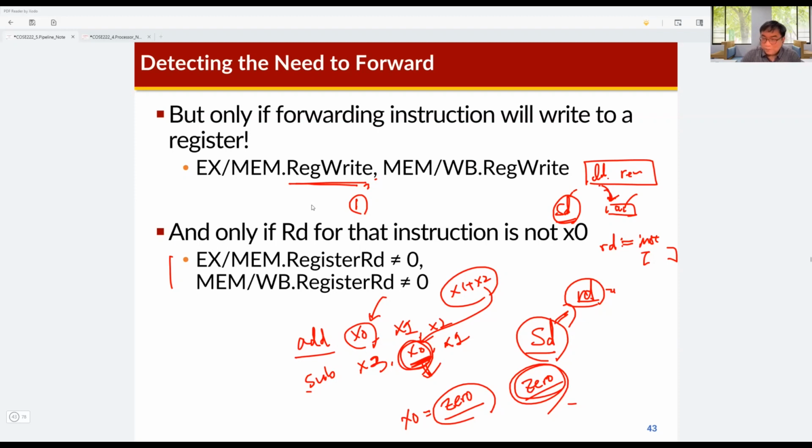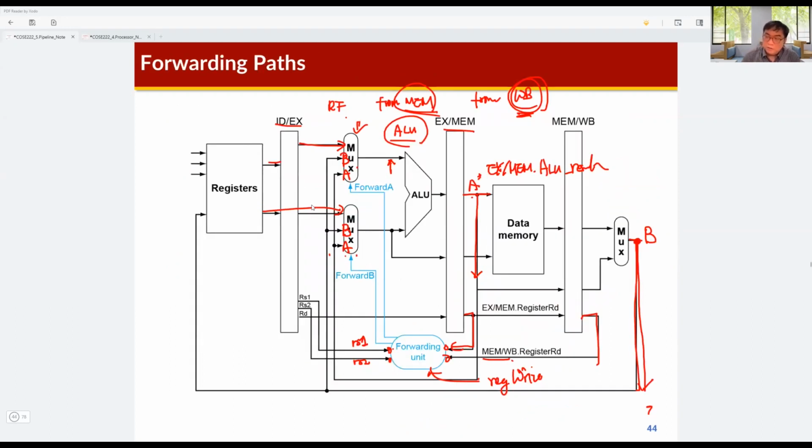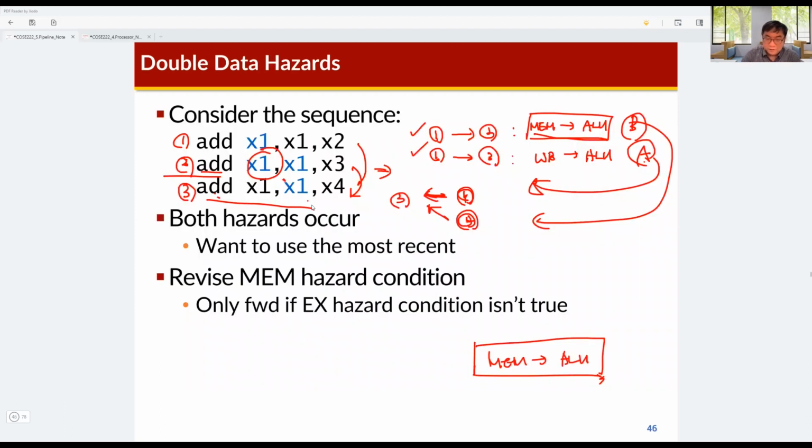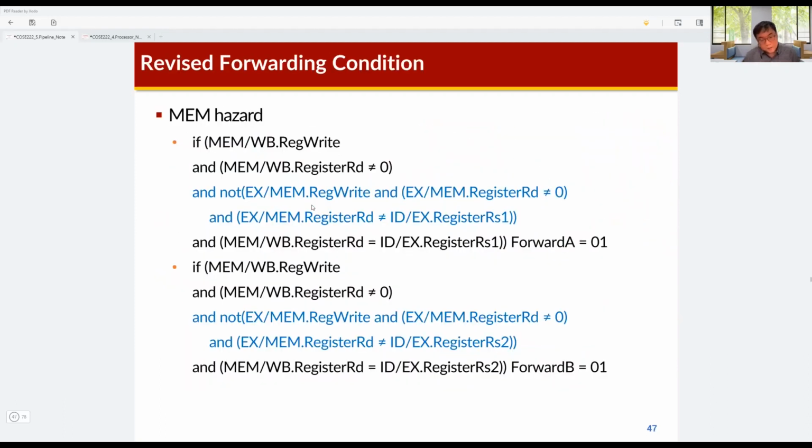There are many exceptional cases, but in order to generate the correct forwarding selection signals, we need to consider these corner cases. That's why the pipeline design is more difficult than the single cycle processor design. It's a little bit tricky. Okay, so this slide also considers these corner cases.